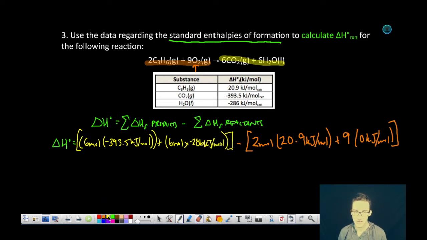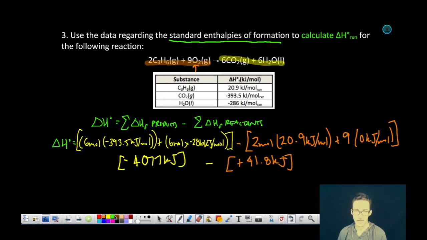So if we sum these together, we're going to end up with an enthalpy of formation of our products of negative 4,077 kilojoules, minus the sum of our enthalpies of formation of reactants, which is positive 41.8 kilojoules.